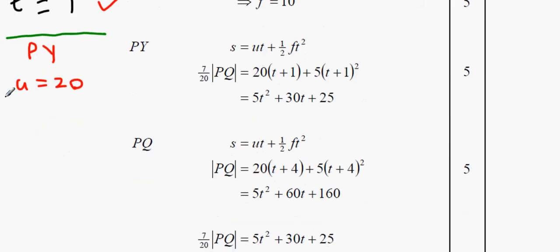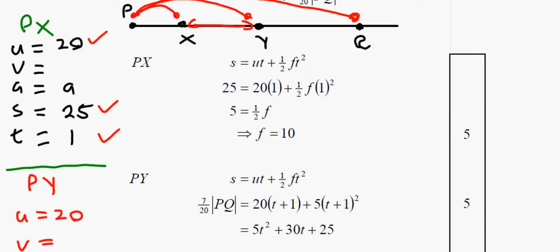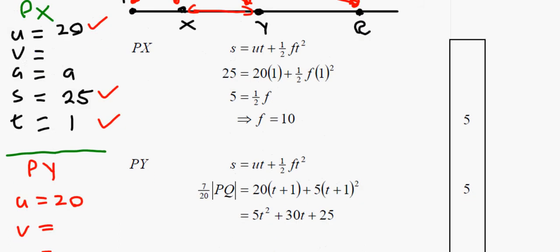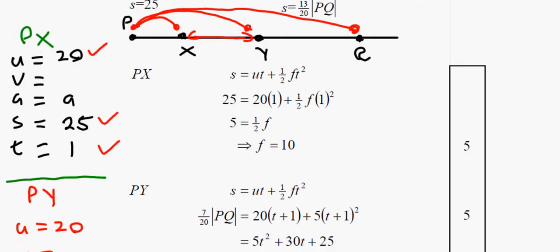So v, we don't know what v equals. We haven't got the acceleration yet, so we don't know what a is either. We know that s is 7/20ths of d, and we don't know what t is. So basically PX has the most information, and we're better off to use it. We have u, s, and t.